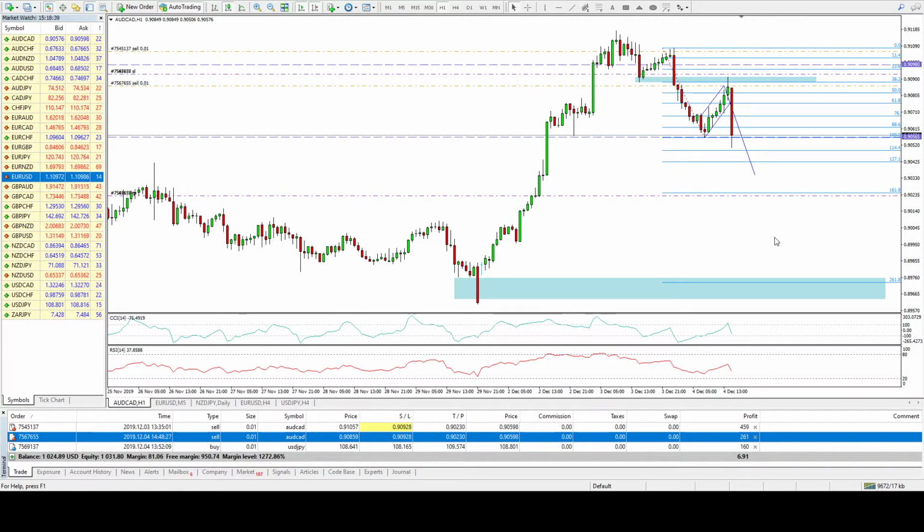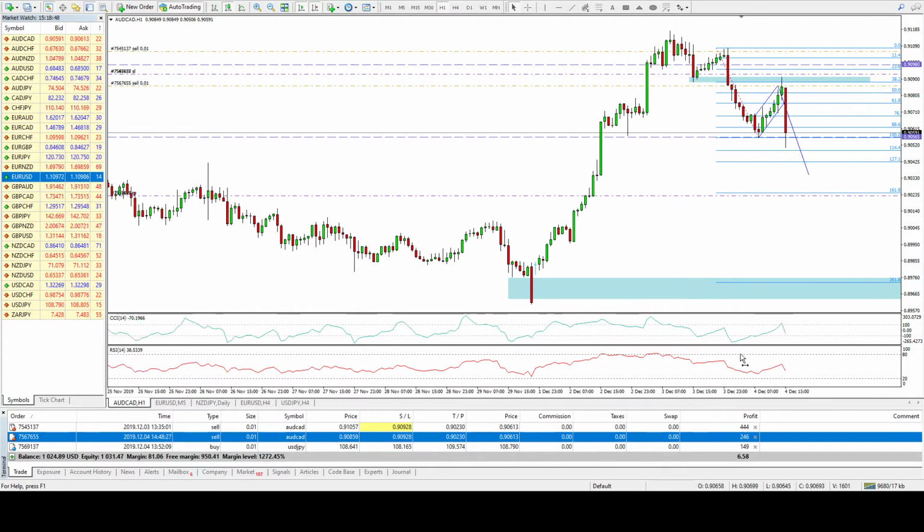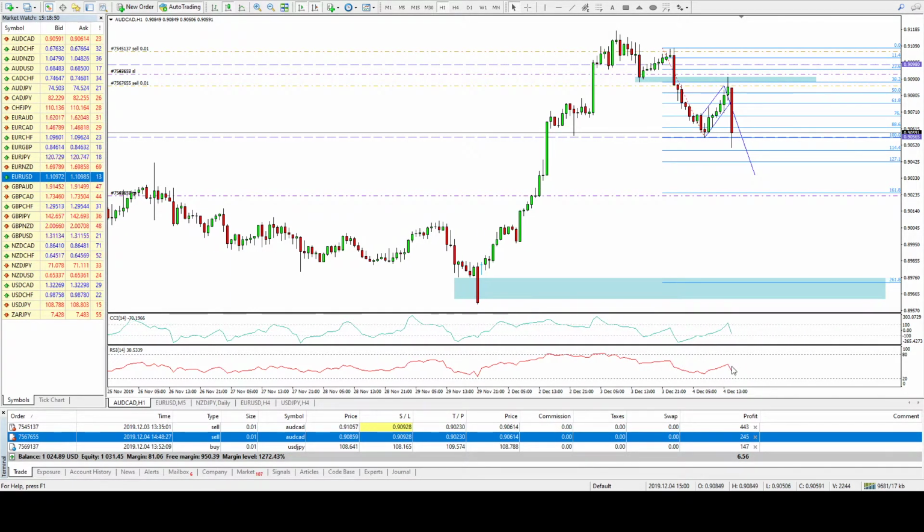Everything in terms of indicators looks good too, because CSI is aiming down. Where is my mouse? CSI is aiming down.